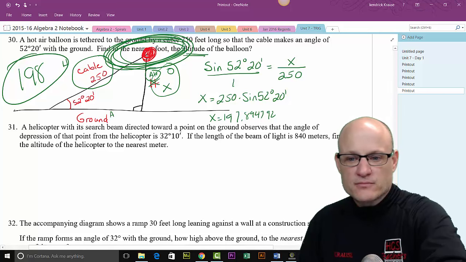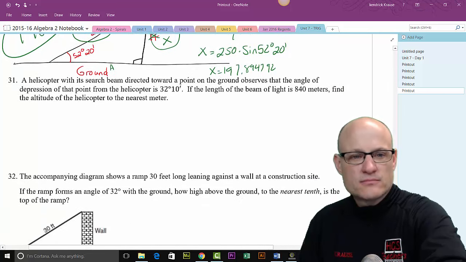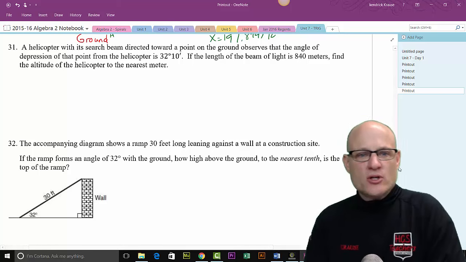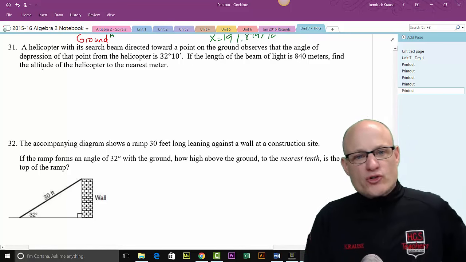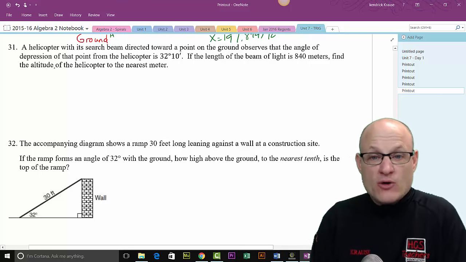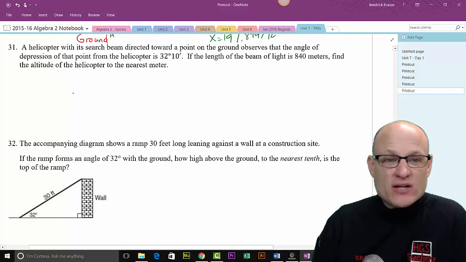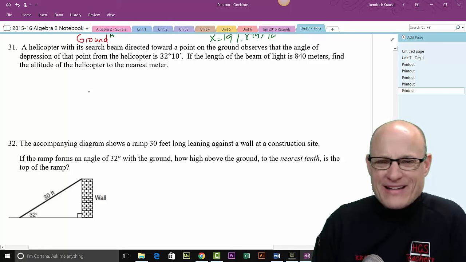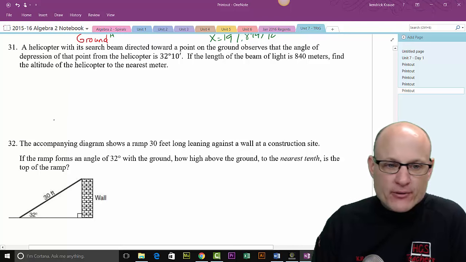A helicopter with a ground search beam directed towards a point on the ground observes that the angle of depression of that point from the helicopter is 30. What the? I don't think this is written very well. So let me draw my helicopter because I am an unbelievable drawer.